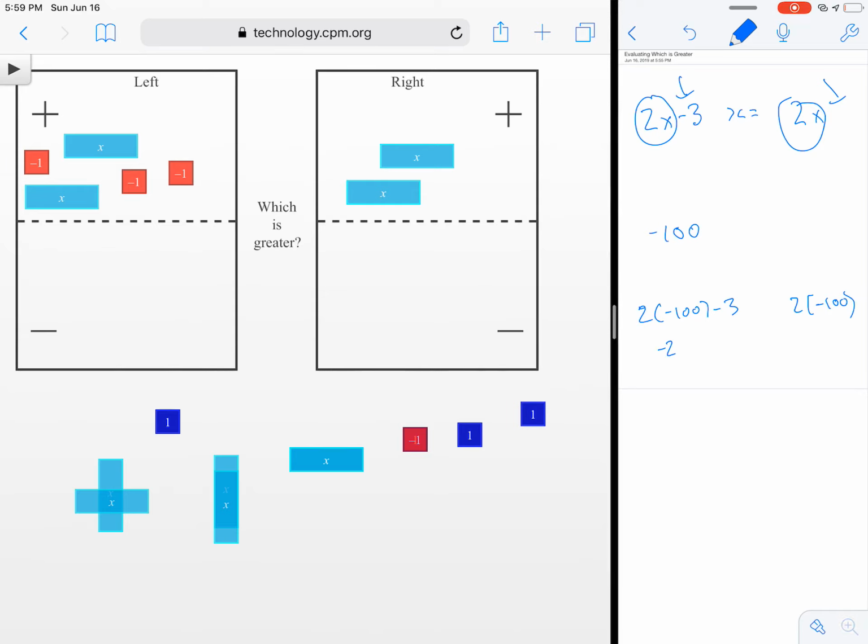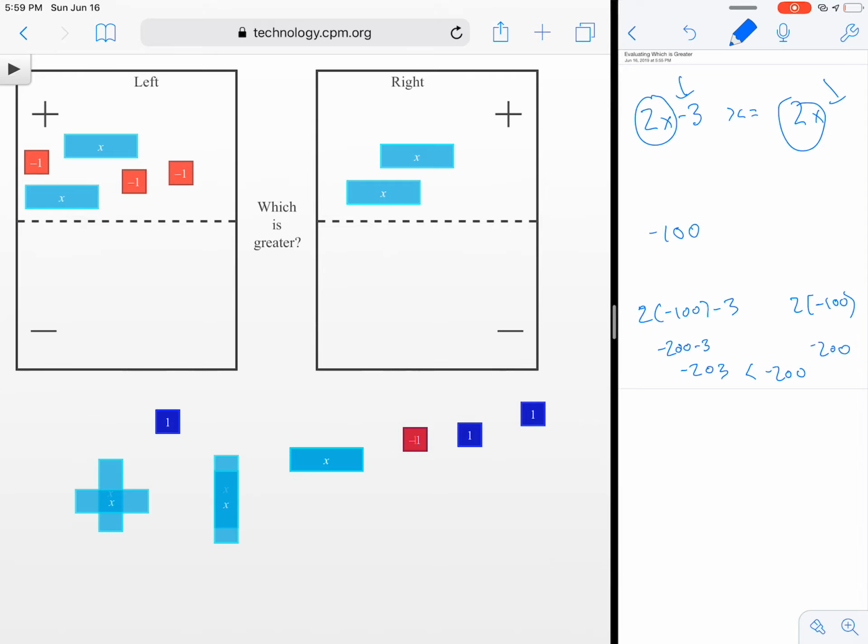So here I have negative 200 minus 3, which equals negative 203, and on the right side I just have that negative 200. And when I go to evaluate which is greater between negative 200 and negative 203, it is better to owe someone $200 than owing them $300. The right side is greater.